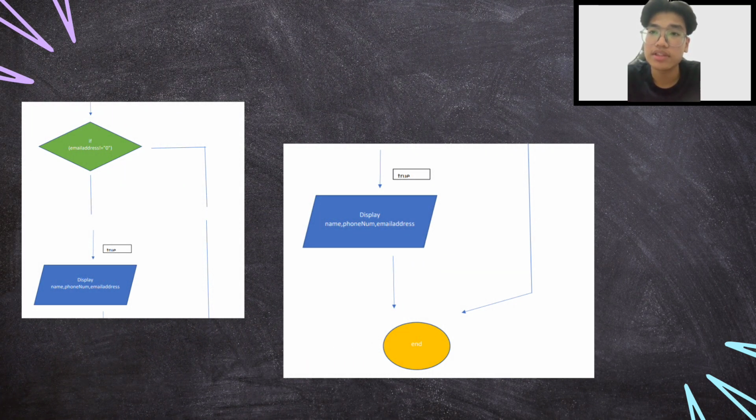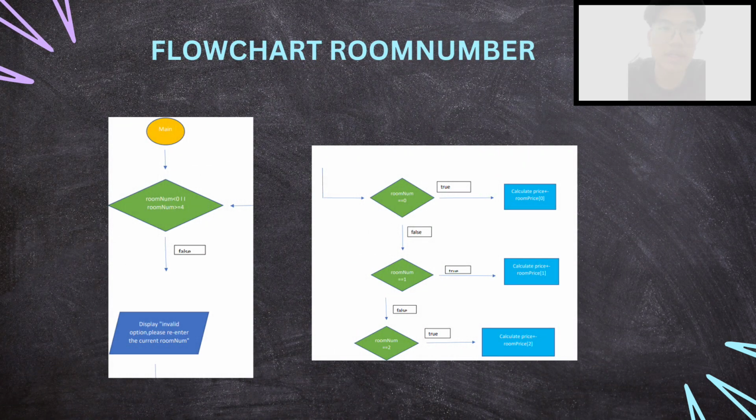And if email address is not equal to 0, which is the statement is true, we will display the customer name, phone number, and email address. But if the email address equals 0, which is statement is false, so we'll just run it to the end.